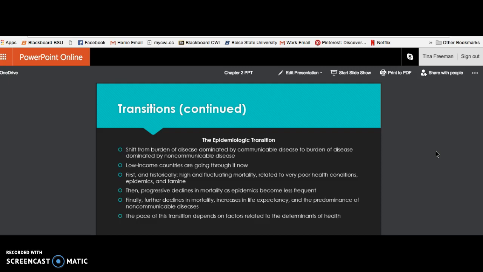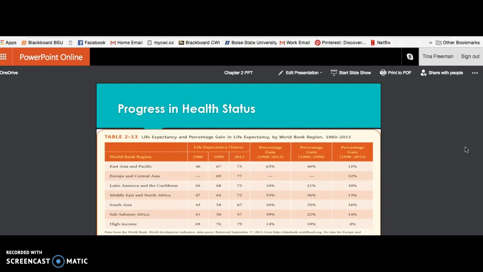So we've got more patients with cancer, obesity, high blood pressure, high cholesterol, you name it, anything that does not fall into communicable diseases.